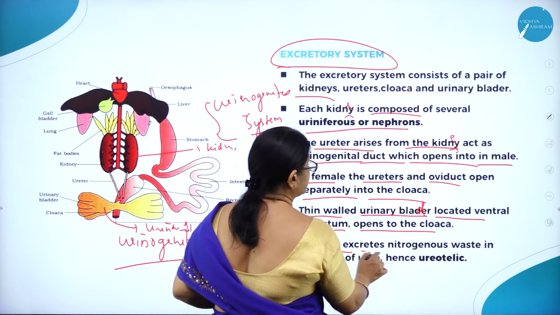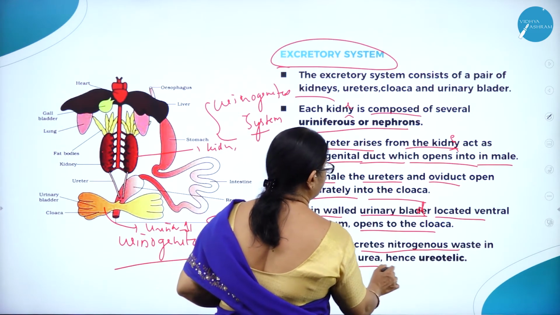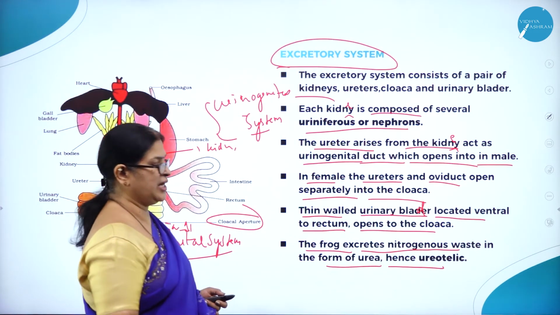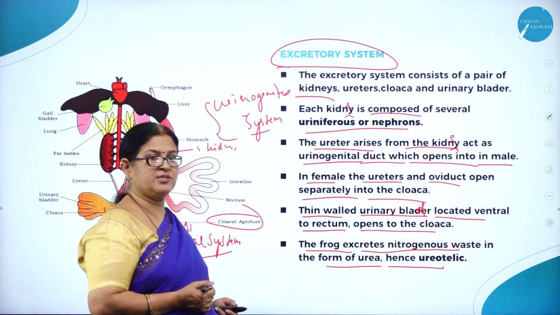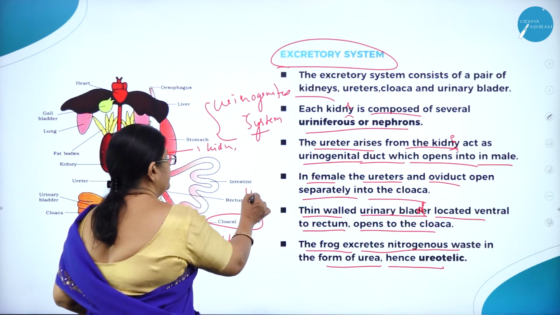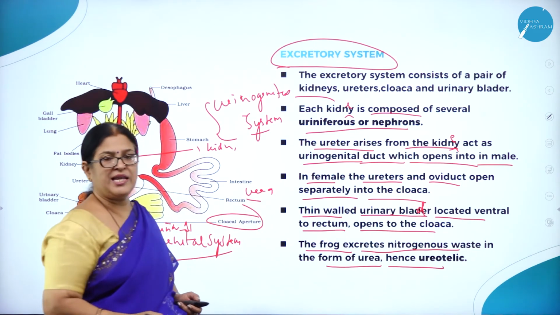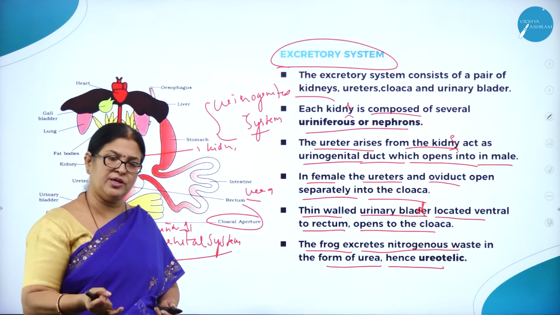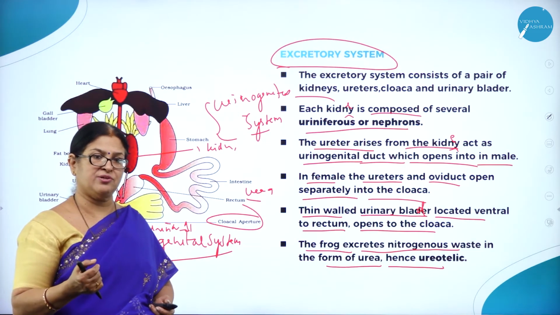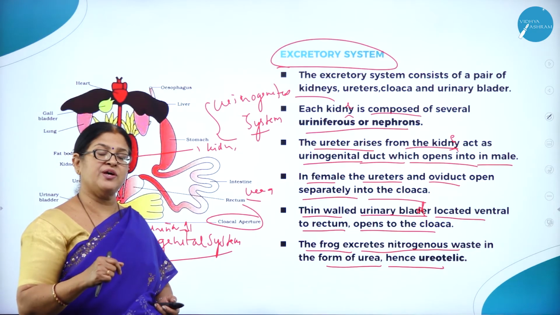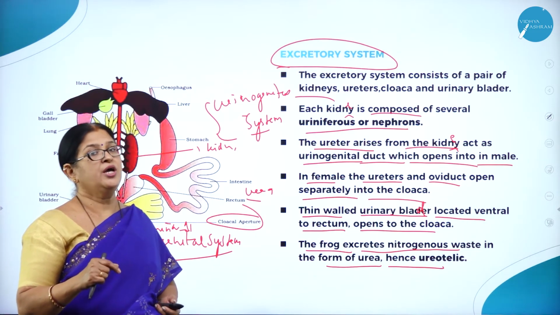The frog excretes nitrogenous waste in the form of urea, hence they are called ureotelic animals. As we already studied, animals have been broadly classified into ammonotelic, ureotelic and uricotelic based on the elimination of nitrogenous waste. If the waste is in the form of urea, it is called ureotelic.